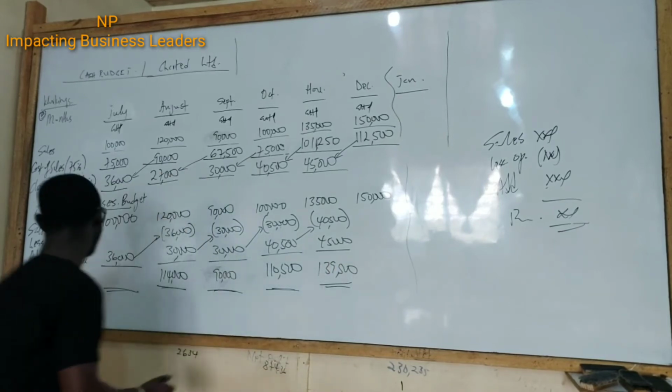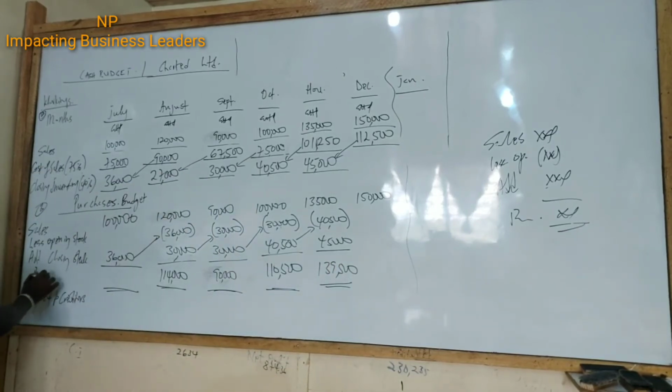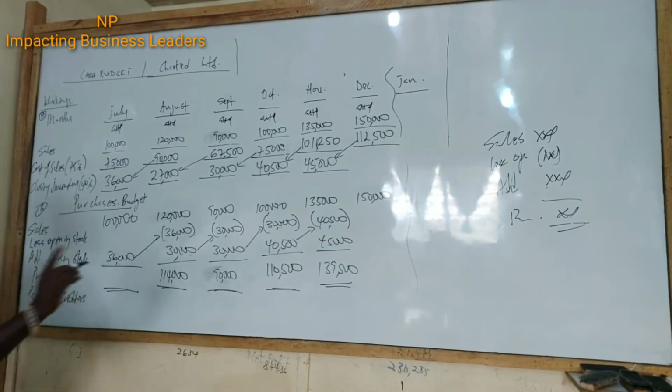Okay, so these are the purchases for each month.